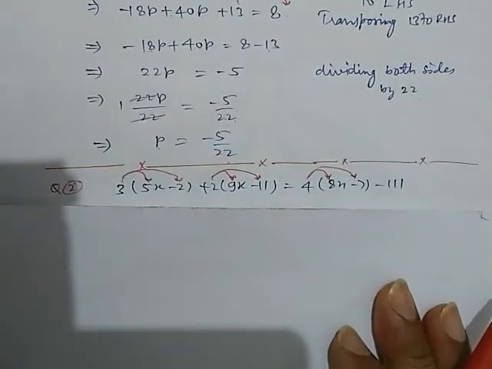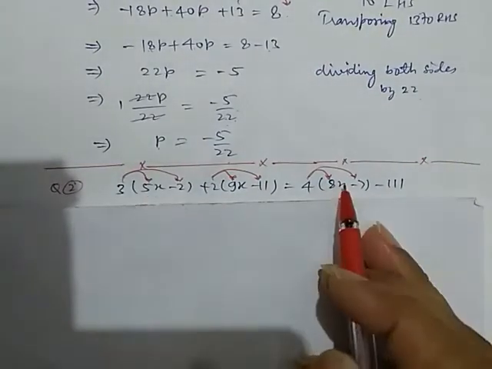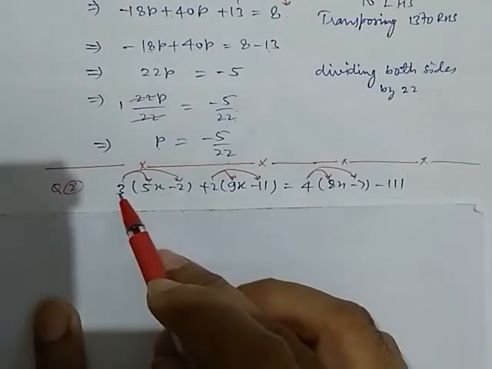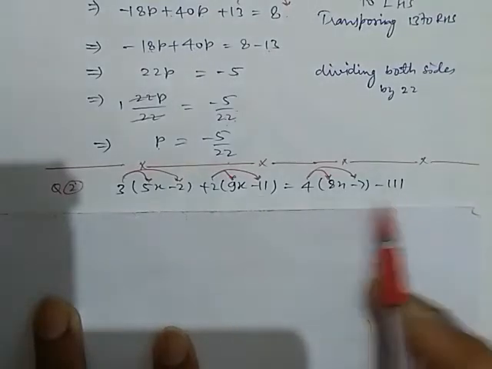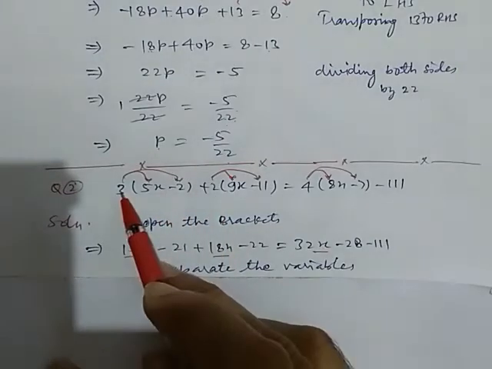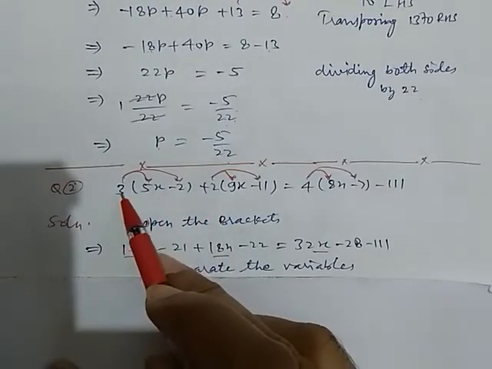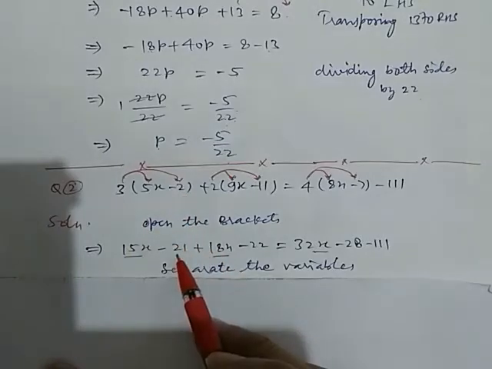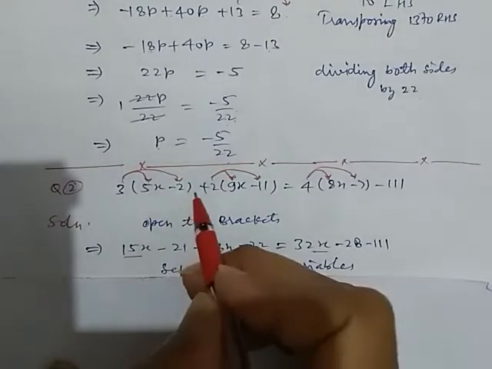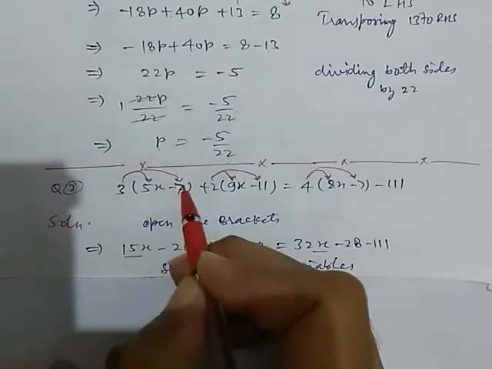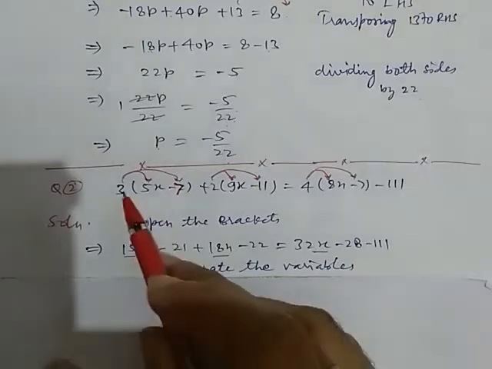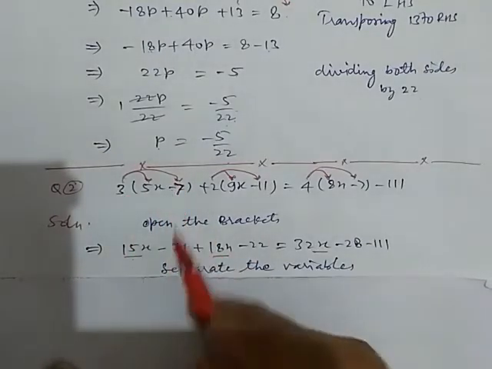Now we take one more example of this type. Here again there are brackets and some number outside of that. So we just open the brackets and multiply the terms. 3 into 5x, 15x, 3 into 7, 21, and this minus.